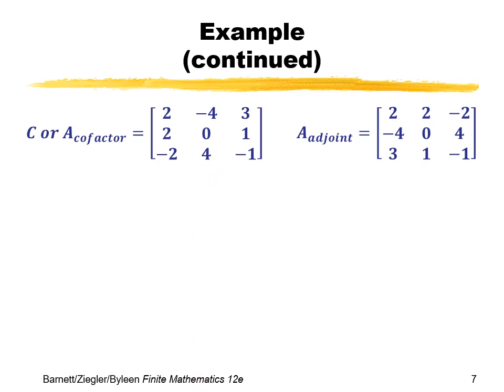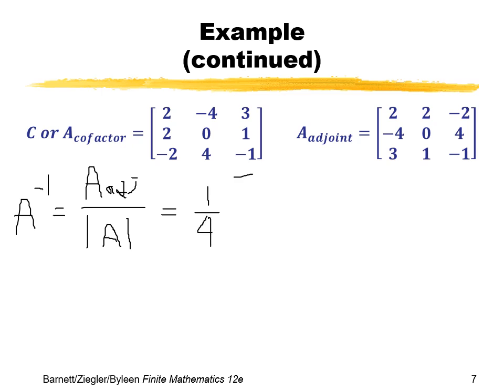The last step is calculating the inverse by the equation A inverse, which is the inverse of matrix A, equal the adjoint over the determinant of A. We calculated the determinant was 4, so I'll multiply 1 over 4 times this whole matrix, or divide 2 by 4, 2 by 4, -2 by 4, -4 by 4, and so on.